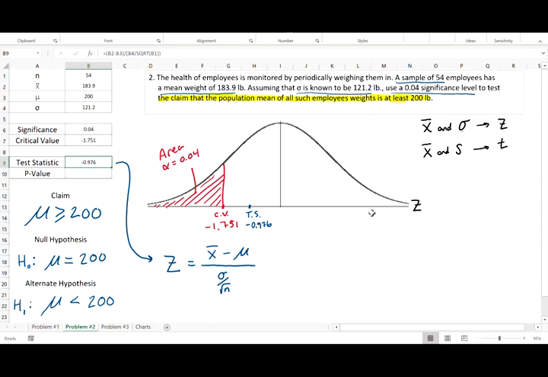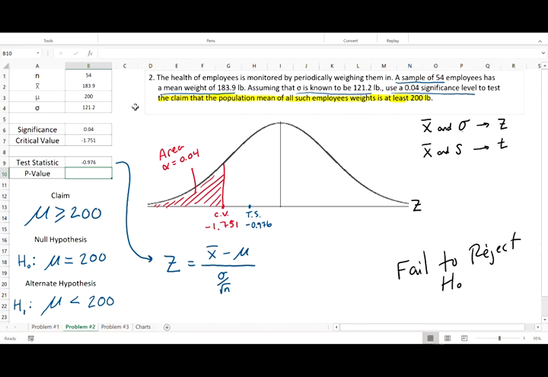So the test statistic is not in the critical region. Remember, if our sample data has a test statistic that's in the critical region, then we reject the null hypothesis. So in this case, we fail to reject the null hypothesis. And again, that's the traditional method comparing the two z-scores. Now the other method, the p-value method, compares the p-value to alpha.